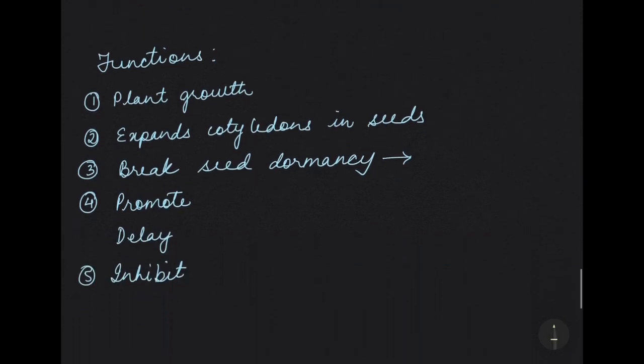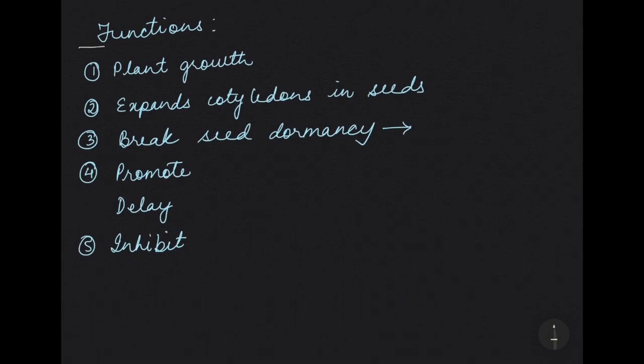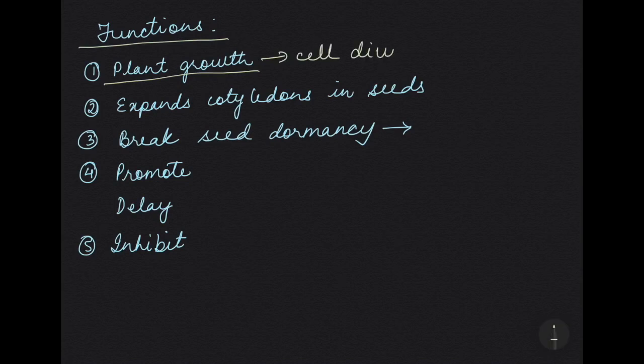Now moving on to the functions of cytokinin. The first function is cytokinin stimulates plant growth. How? By cell division and not by cell elongation. I hope you know the difference between cell division and cell elongation.